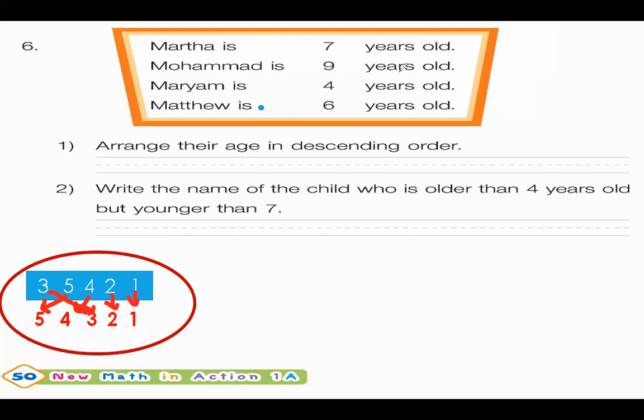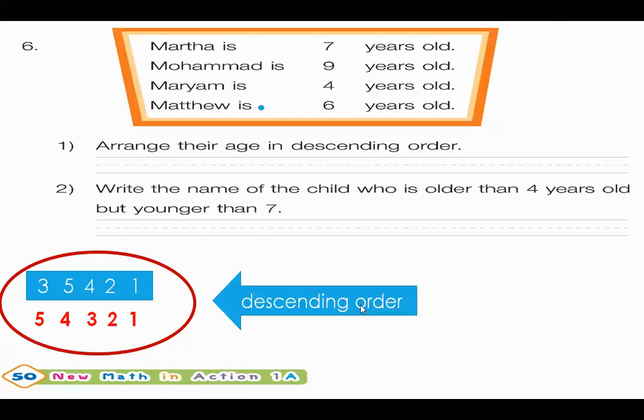And teacher, how do you call this one? It is descending order. This is an example of descending order, from big to small.